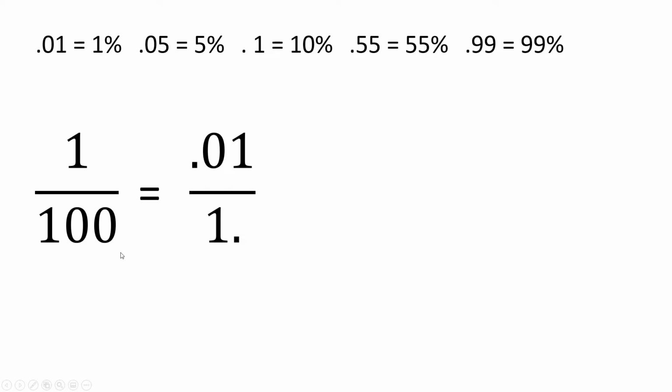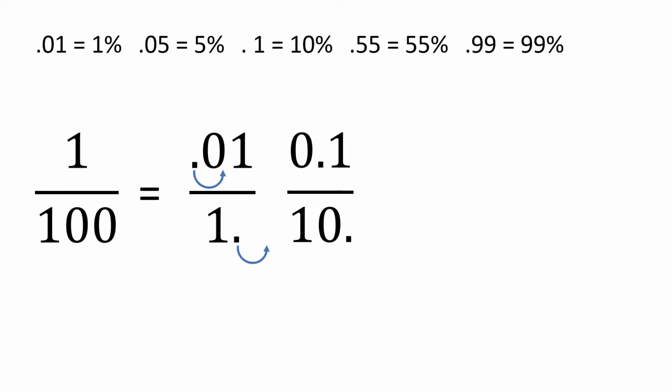So that means the 100 has to be equal to 1. This is the whole. So it's one whole number, right? But if we're trying to figure out percentage by just looking at the fraction, look at where the decimal is. If it's 1 of 100, it's 0.01 of 1.